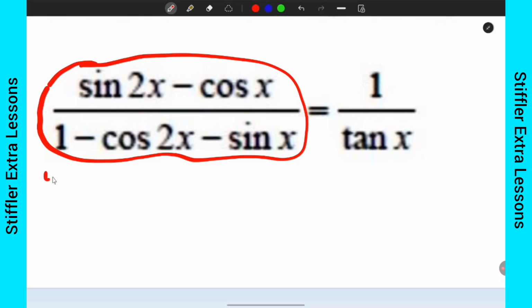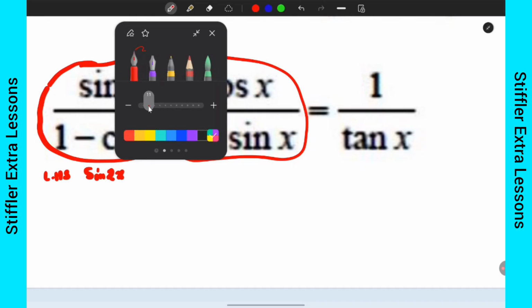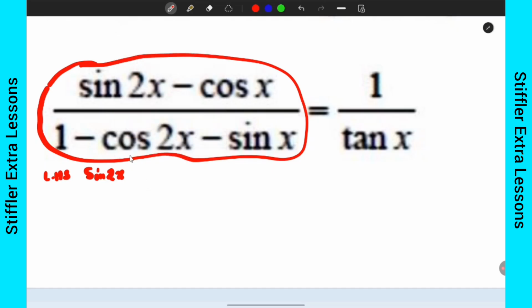So our left hand side is sine 2x minus cos x, all over 1 minus cos 2x minus sine x.